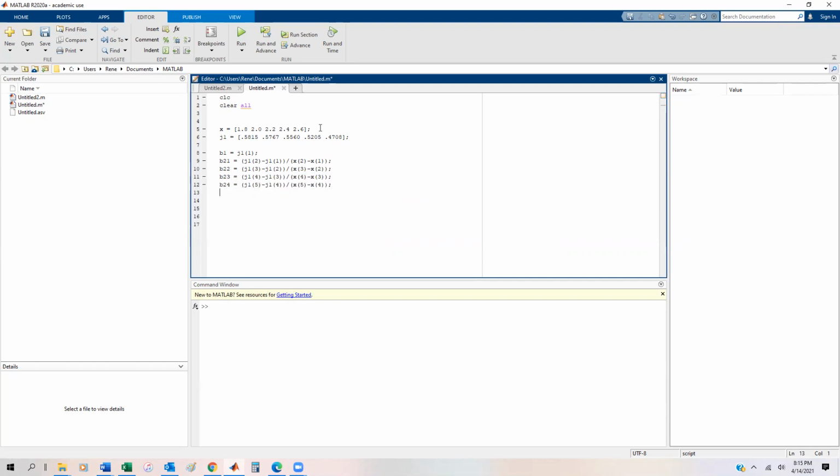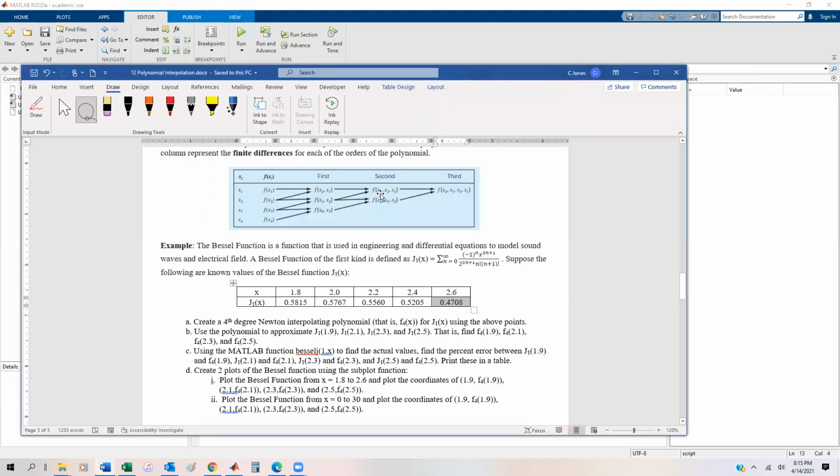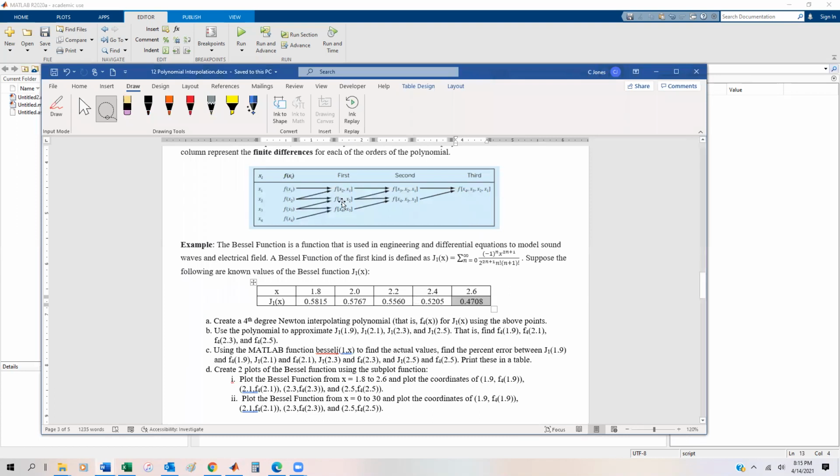But of course, now we need the second order finite differences. So I'm going to call this B31. And if we take a look at our diagram that we had from before, we are going to find the secant of the previous two secants. So this is actually for us going to be B21 and B22. And the span is going to be from x1 to x3, then x2 to x4 and then x3 to x5.